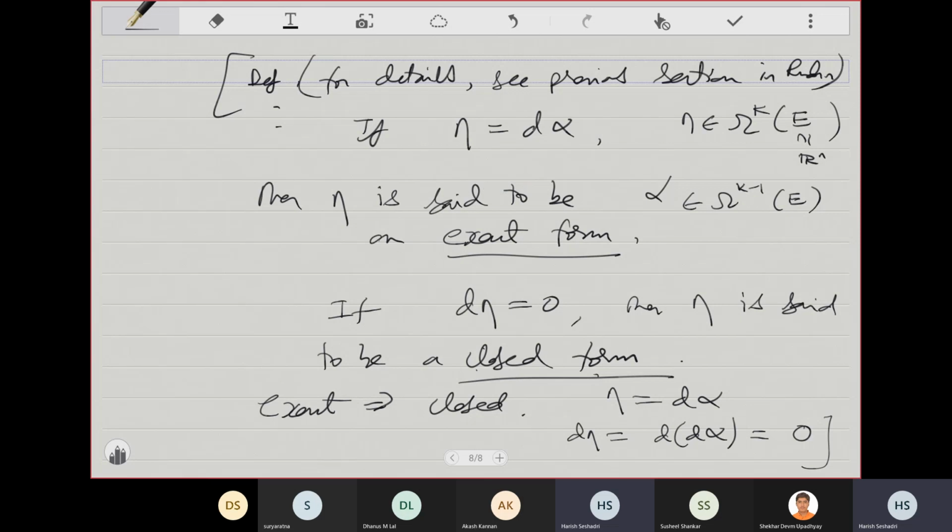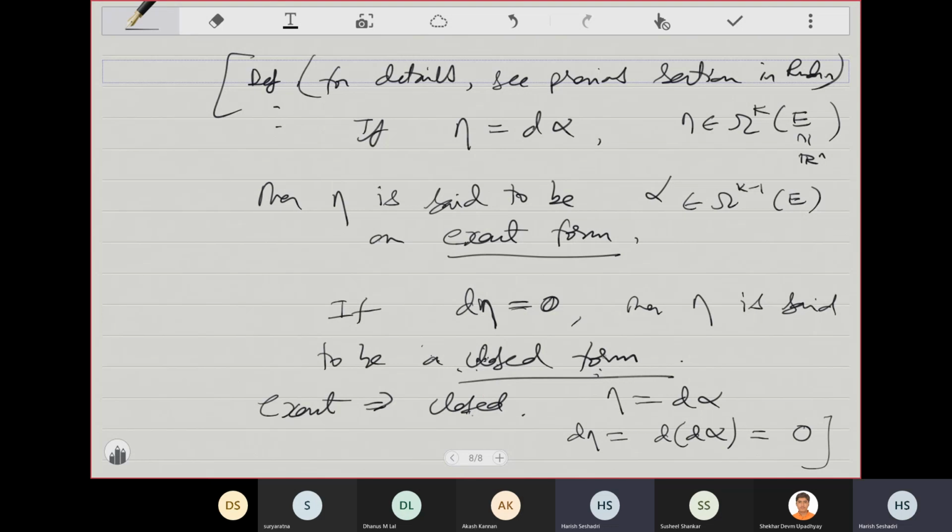So this vector space is a subspace of this, and the starting point of the link between differential forms and topology is precisely the study of these spaces. Not these spaces by themselves, the space of exact forms and the space of closed forms, are that important.